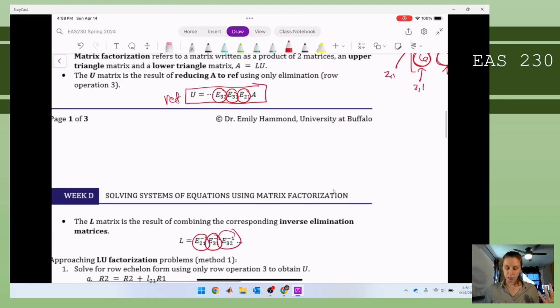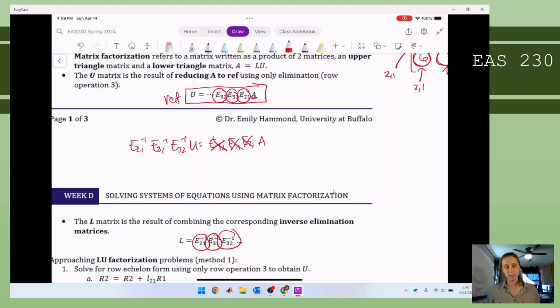And the reason for that is because if we want to solve for A here, so U equals E32, E31, E21 times A. If I want to solve for A, I'm essentially going to multiply by the inverses. So I'm going to multiply by E32 inverse, which gets rid of that one, E31 inverse, which gets rid of that one, and E21 inverse, which gets rid of that one.